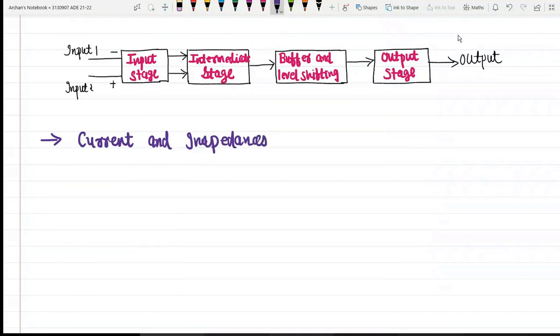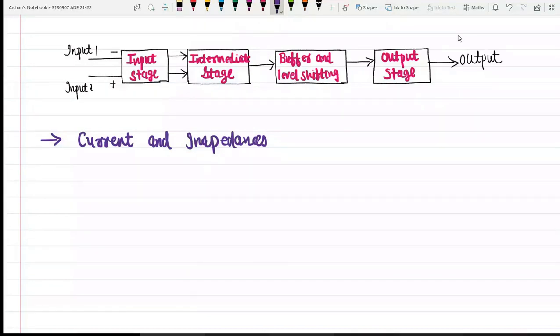Okay, so practically talking, an input stage is nothing but the transistorized differential amplifier stage, which is using two transistors, right? And we know that the base terminals of these two transistors are the two input terminals of the operational amplifier. So what will happen? Some small DC base current is necessary to maintain the operating state of the transistors, and these two base currents are the input bias current of the op amp.